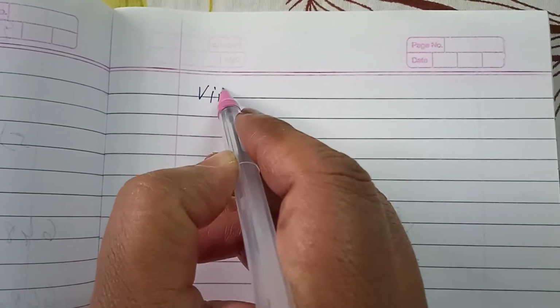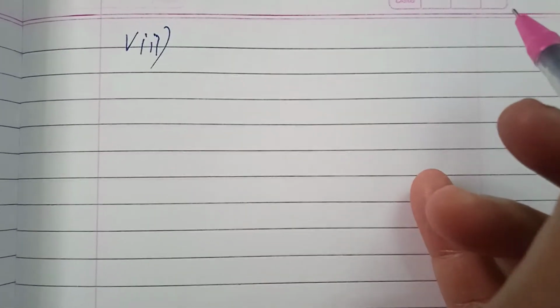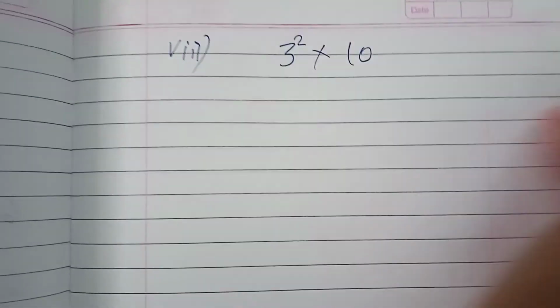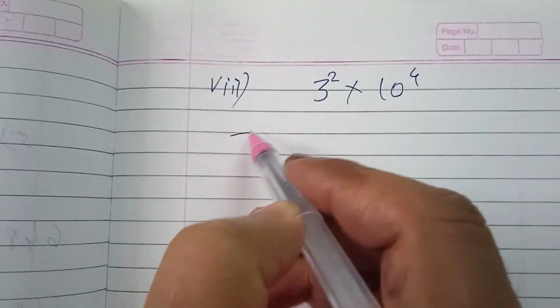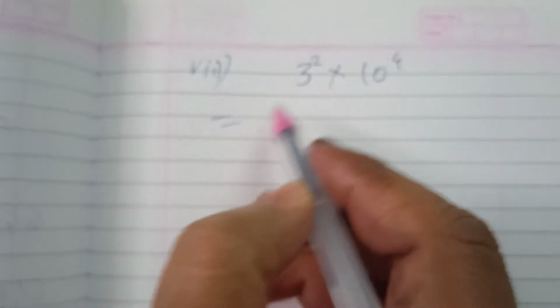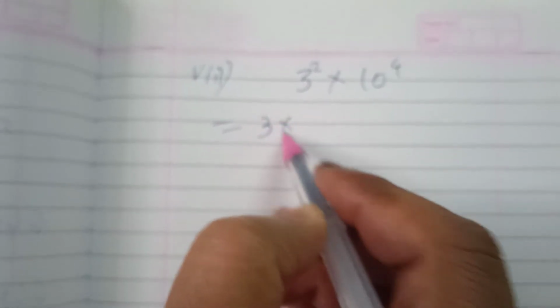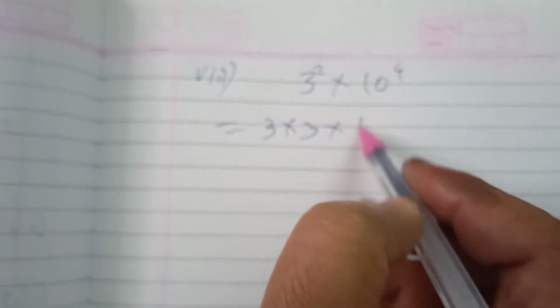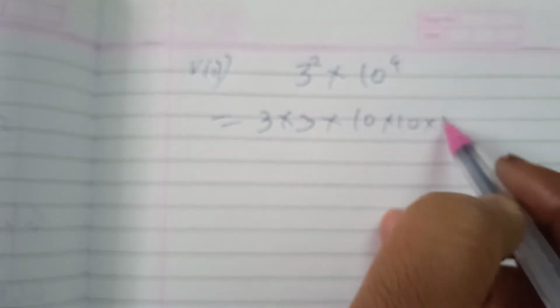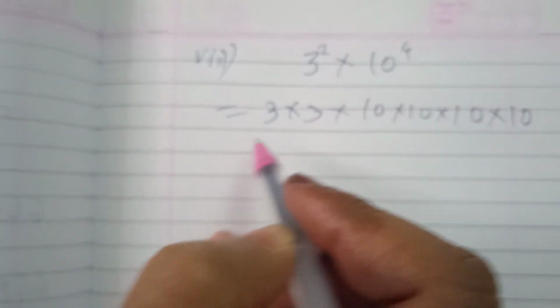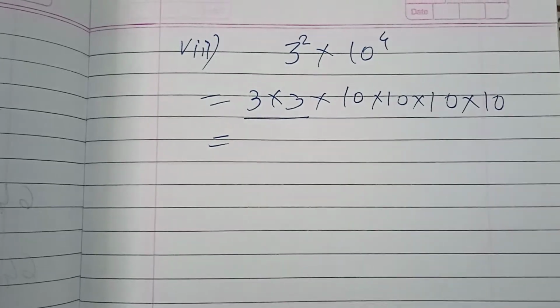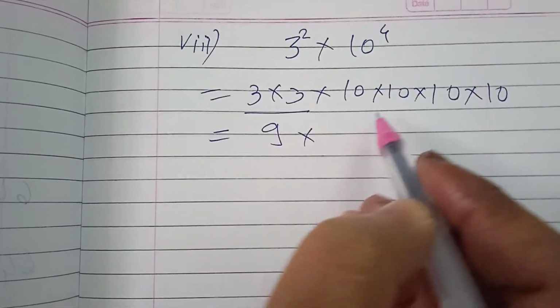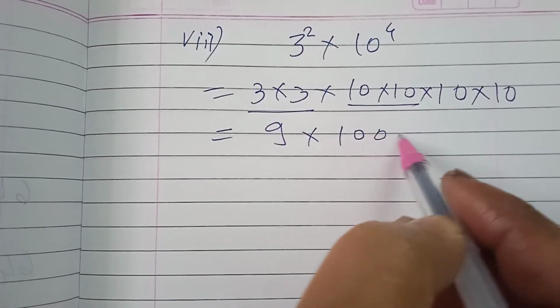We take the next question, which is the 8th. The question is 3 square into 10 to the power 4. We write here 3 power 2 means 3 into 3, and 10 to the power 4 means 10 into 10 into 10 into 10. We do multiplications. 3 into 3 means 9. 10 into 10 means 100.